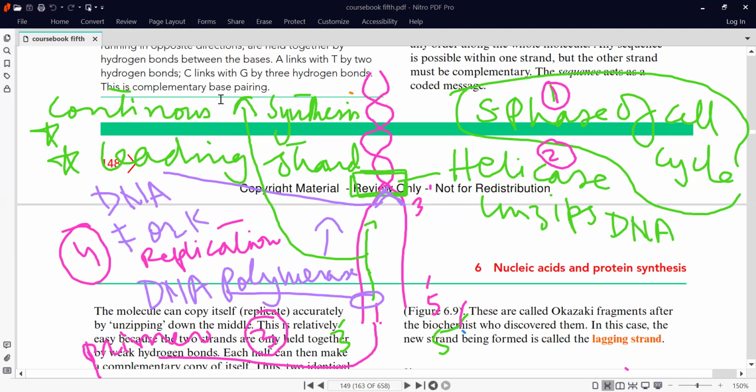I will use another color. A primer will be made. Primer will be connected because primer is the base on which DNA polymerase will start its working. It's a small piece of RNA. So primer will be connected in front of the 3 prime end.